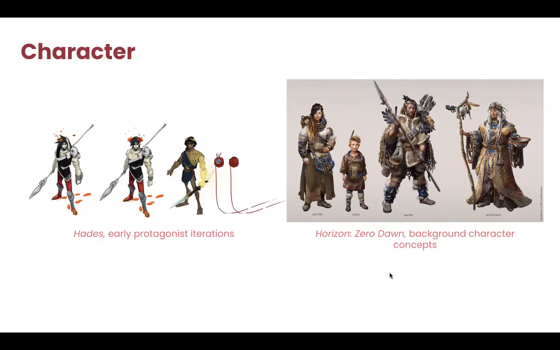Whereas in Horizon Zero Dawn, these are meant to be very highly realistic 3D models of these characters and props. And so that's why there's a lot of attention to realistic proportions and drapery and details and texture that is going to be really important for the 3D model artists to work off of.